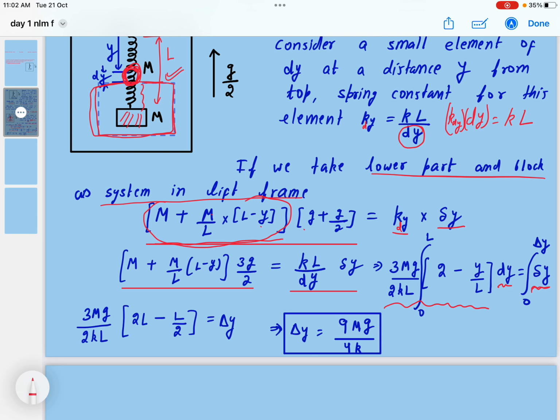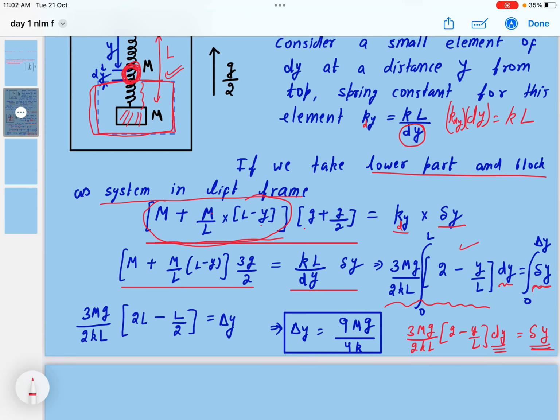I can write this step separately, without integration. So I'm rearranging the terms. So del y is what? The extension in the elemental portion of spring having length dy. That is the extension. So now we can integrate this term.